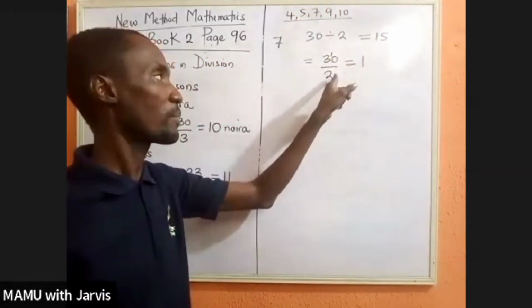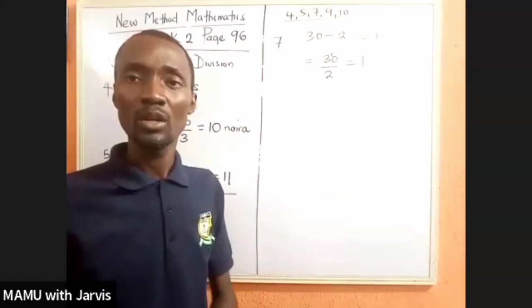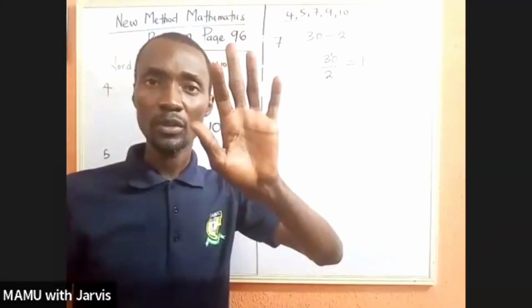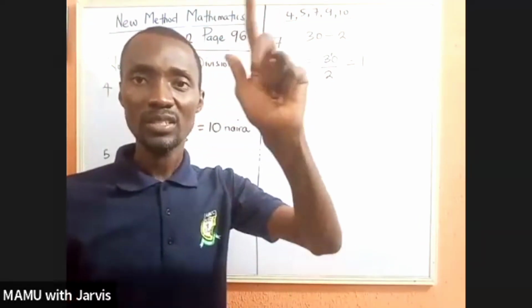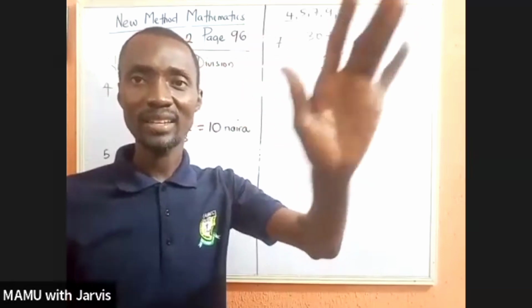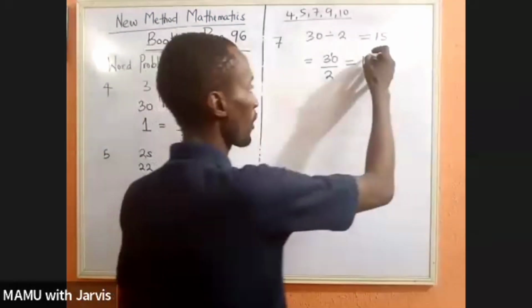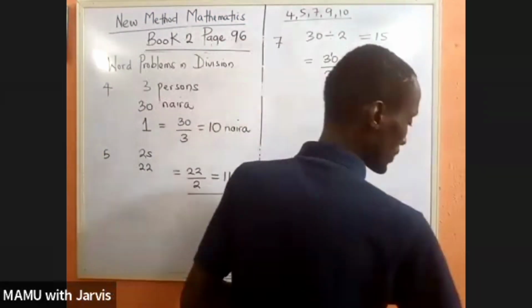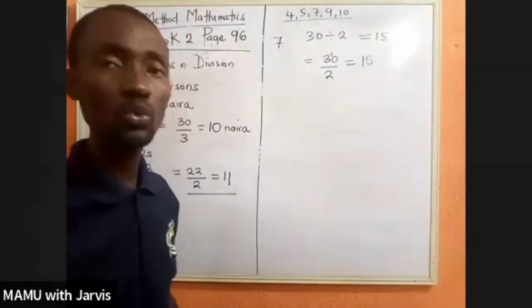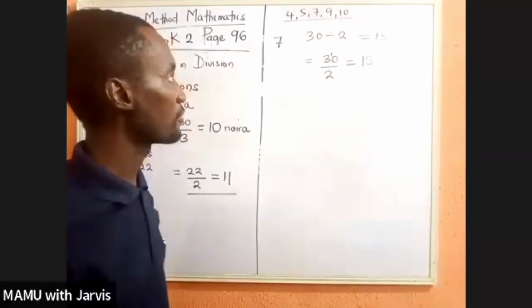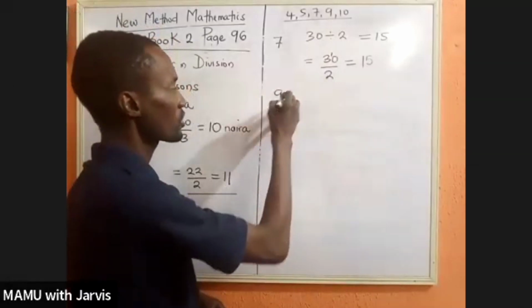So 10 divided by 2 will give me what? 2, 4, 6, 8, 10. That's 5. So that means that 30 divided by 2 will simply be 5. Let's go to question number 9.